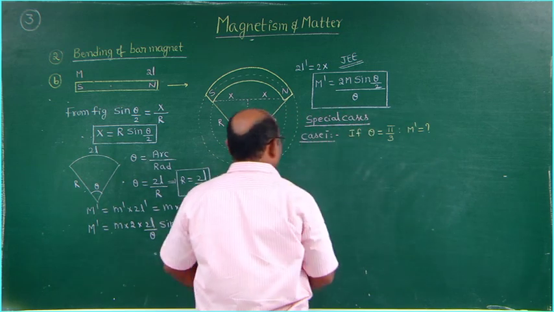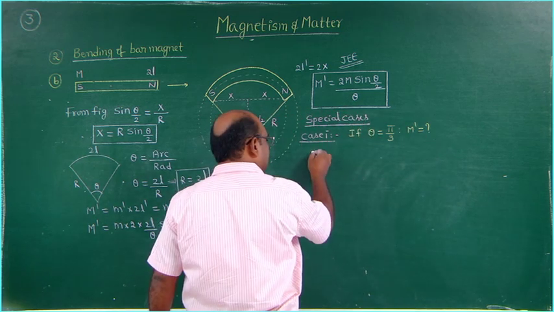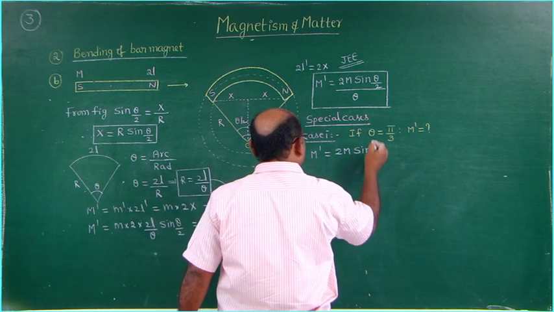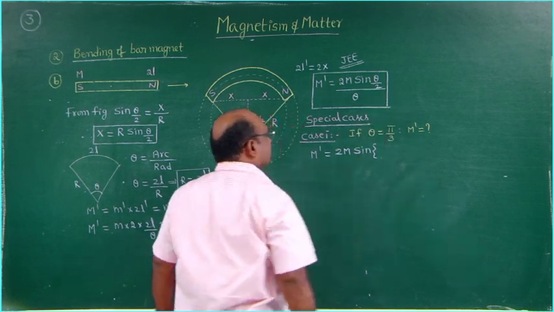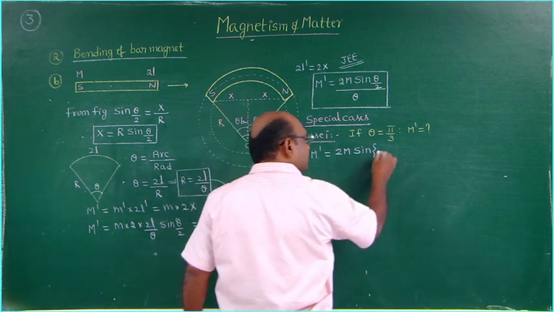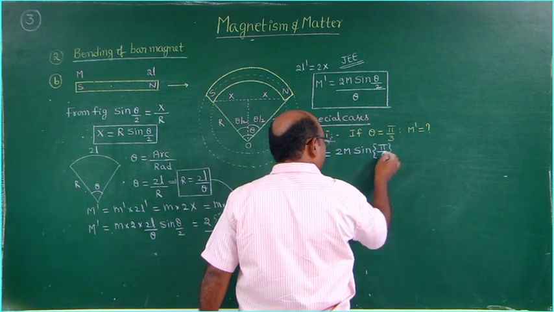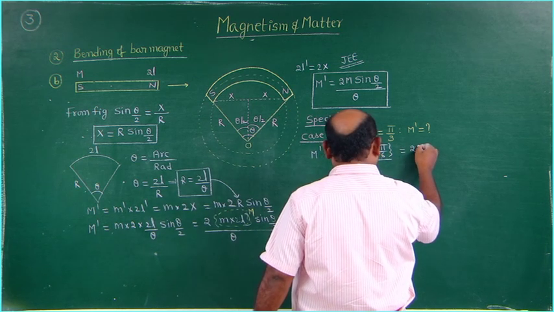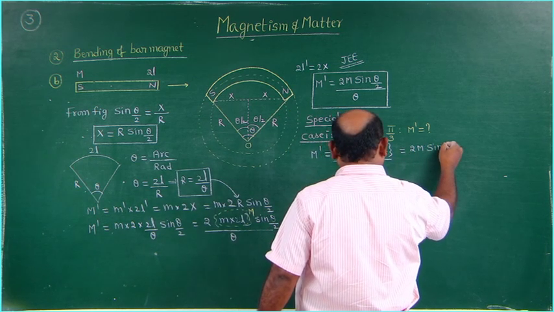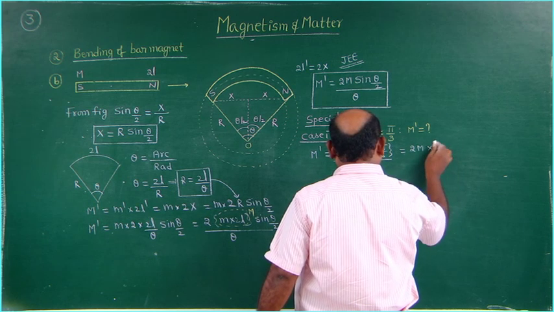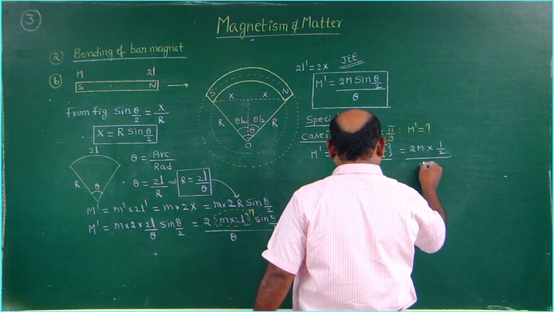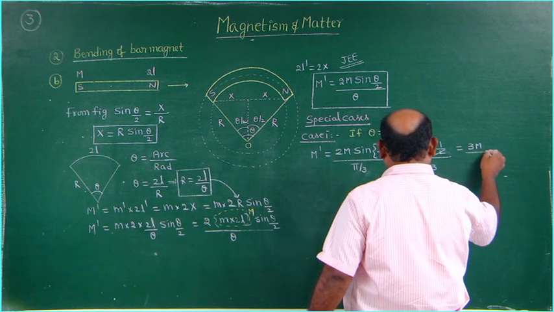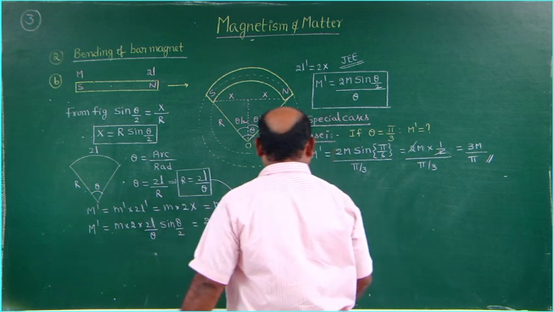You can apply the formula directly: m dash is equal to 2M sin, instead of theta pi by 3 by 2, that is pi by 6, by pi by 3. Now you are getting 2M sin 30, and sin 30 value is 1 by 2, by pi by 3. Here the 2 cancels out, and you get 3M by pi as the new magnetic moment.